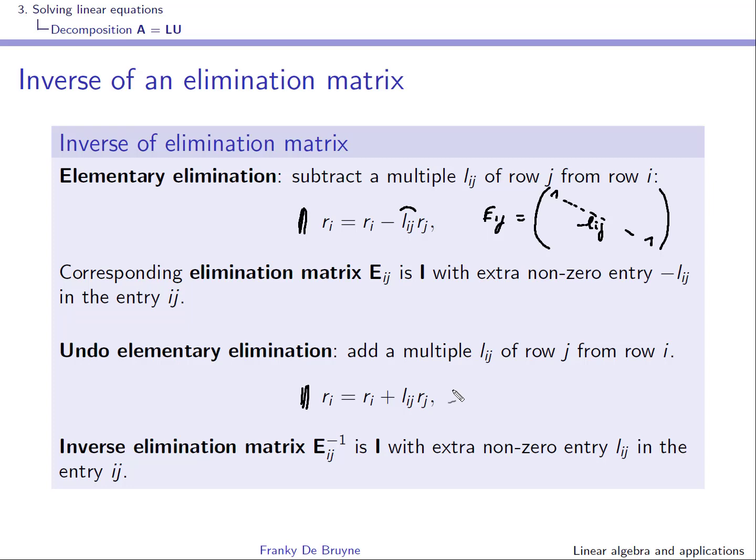Since it's going to undo what you have done before, this matrix will be Eij inverse. And this matrix you can construct from an identity matrix, and instead of putting minus the multiplier over here, you have to put Lij, so the multiplier, in entry ij.